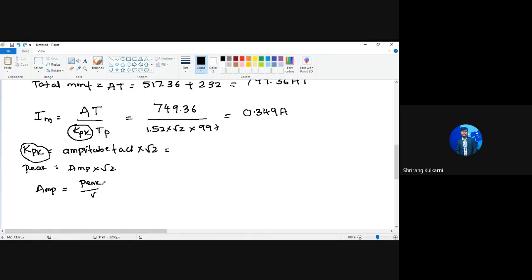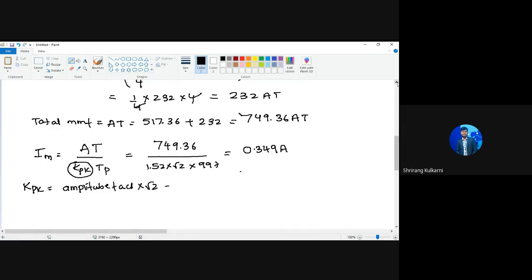Like this we have to do. So KPK is calculated by multiplying √2 to the amplitude factor. You will get the KPK and substitute here. You will get 0.349 as the magnetizing current.